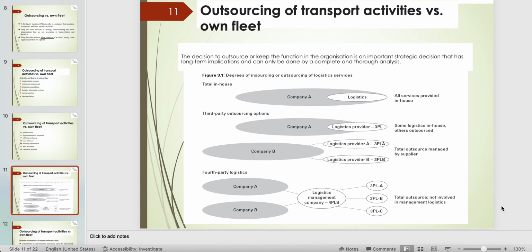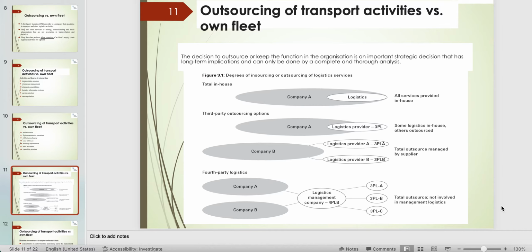And again, this happens when the organization is either not able to find a proper third party logistics provider, or the organization is big enough to handle it but doesn't have expertise in handling third party logistics. So in that case, to pay attention to detail, they hire fourth party logistics, which are again companies, but they more or less perform the managerial function for the client.